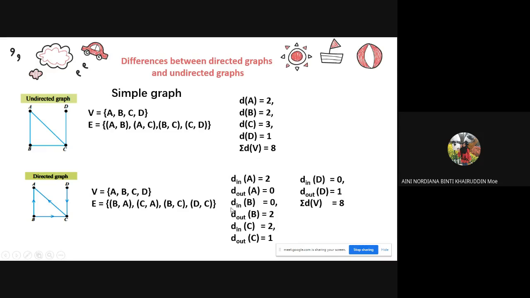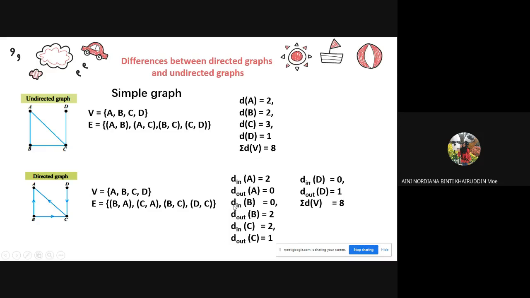What does that mean? For vertex A, there are 2 arrows in, from C to A and from B to A. So in-degree is 2. But out from vertex A, there is none, so 0.